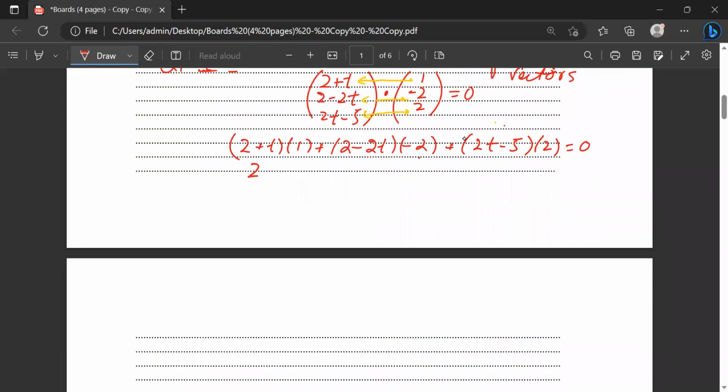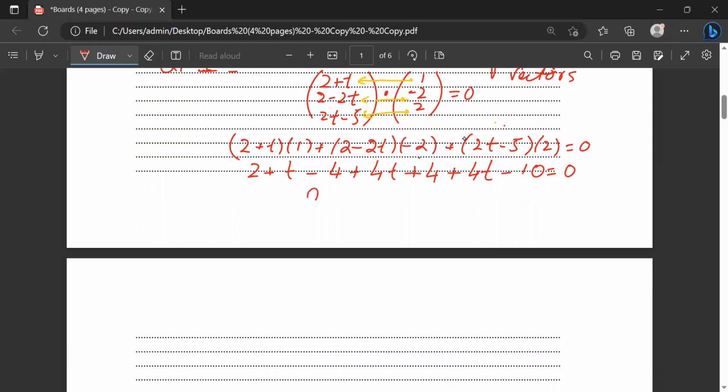Simplify, and from here you can find the value of T, the value for which the point is on the line closest to the point Q. Plus 4T minus 10 is equal to 0.